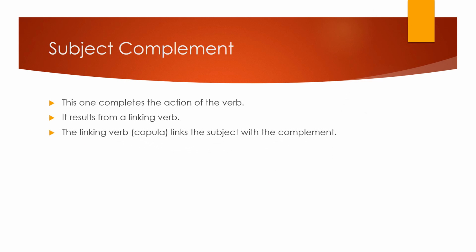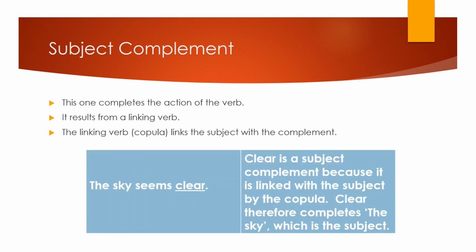The linking verb, copula, links the subject with the complement. The sky seems clear. Clear is the subject complement because it is linked with the subject by the copula. Clear therefore completes the sky, which is the subject. Clear is our adjective phrase which functions as a complement.